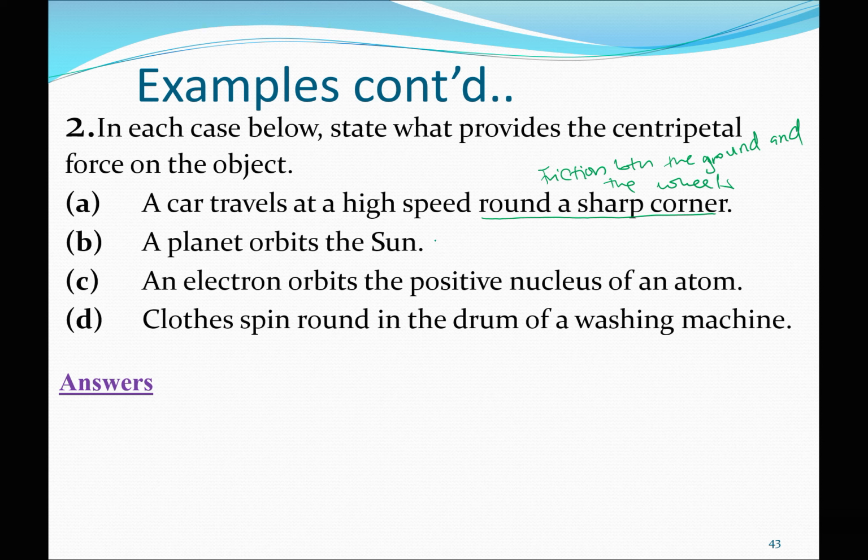A planet orbits the sun. Of course, this is the gravitational pull between the sun and the planet. An electron orbits the positive nucleus of an atom.